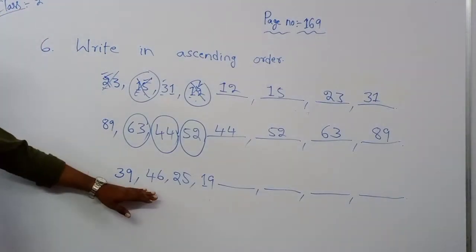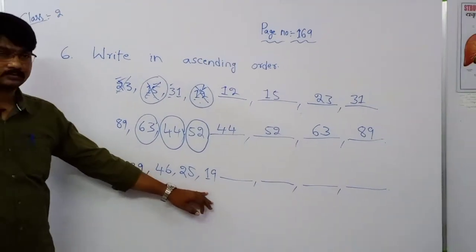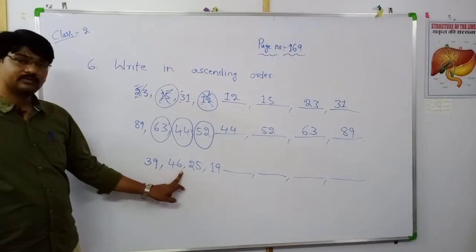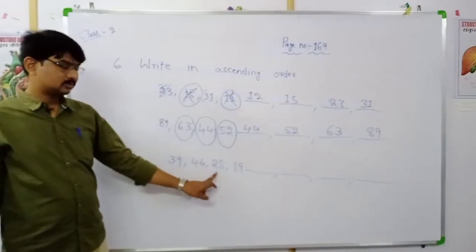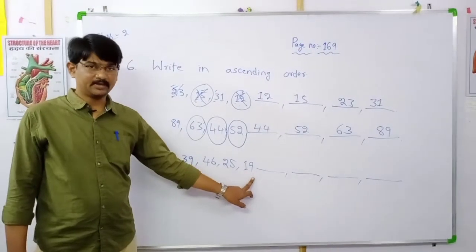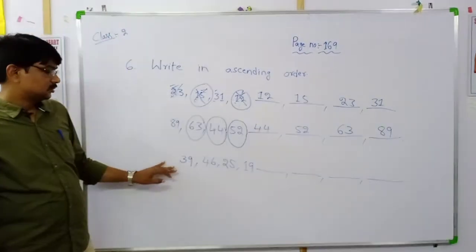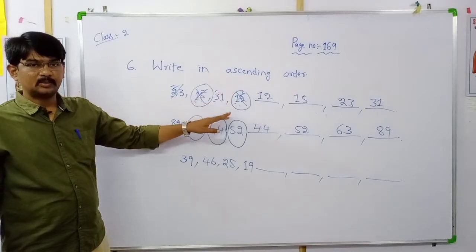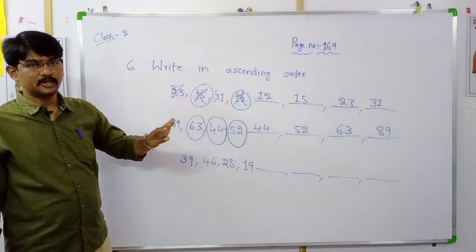Just look at the numbers given here. 39, 46, 25, 19. Ascending order, writing the numbers small to big.